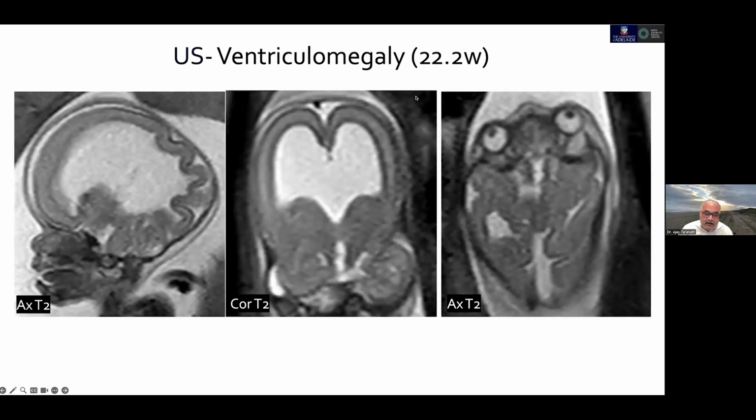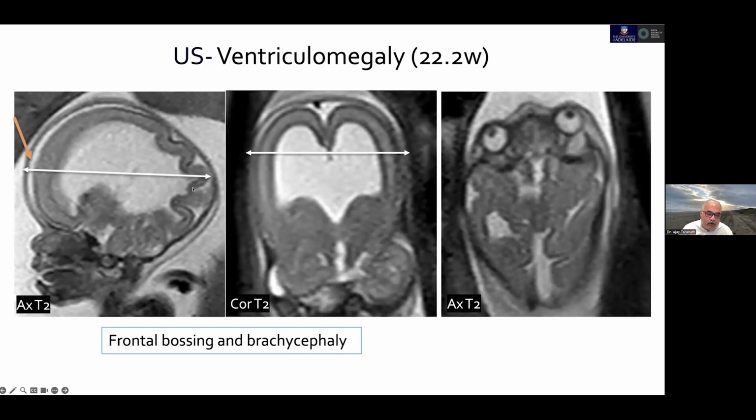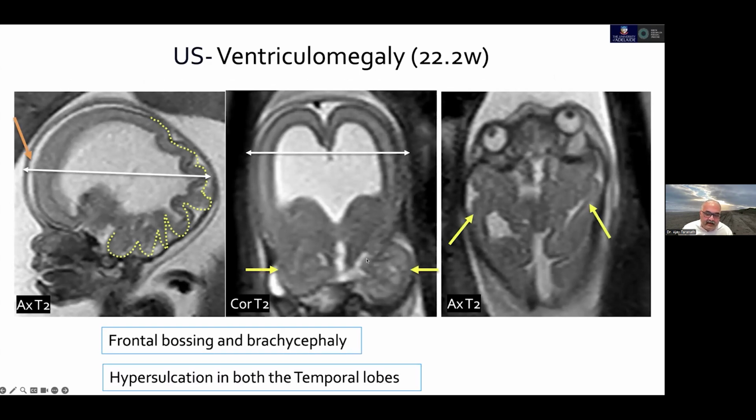Coming to our last few slides, ventriculomegaly at 22 weeks and 2 days. The ultrasound shows ventriculomegaly. So we did an MRI that shows this sort of hypersulcation of the temporal lobes, brachycephaly, frontal bossing, and this is a slam dunk for a diagnosis of thanatophoric dwarfism.